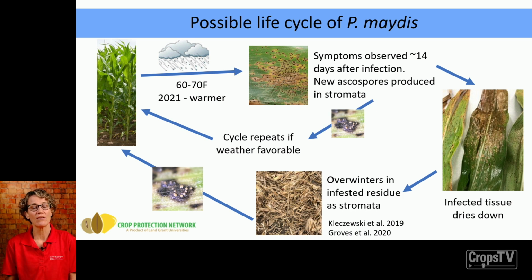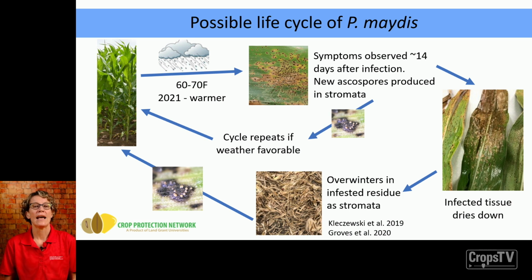The fungus will survive, and there's a couple of publications that have come out recently to show that that fungus will survive a Midwest winter. And then what will happen is under moist conditions in the spring, that fungus will start to ooze out spores from that stromata. And so you can see that picture there showing the black stromata with kind of salmon pink, orangey ooze kind of emerging from it.